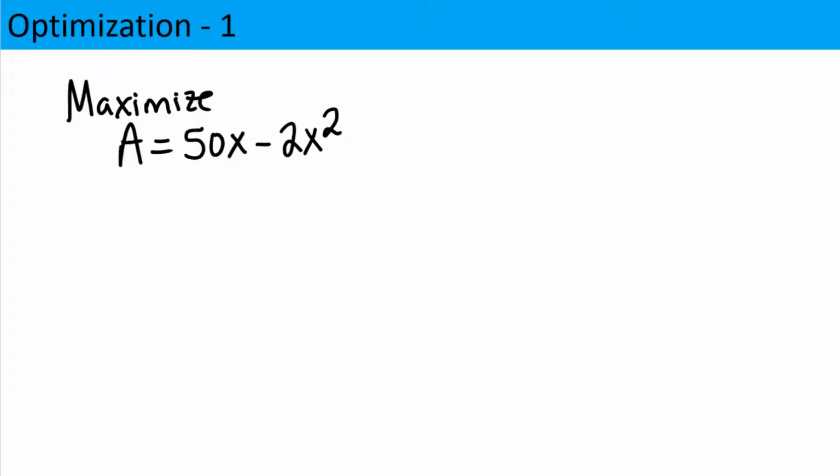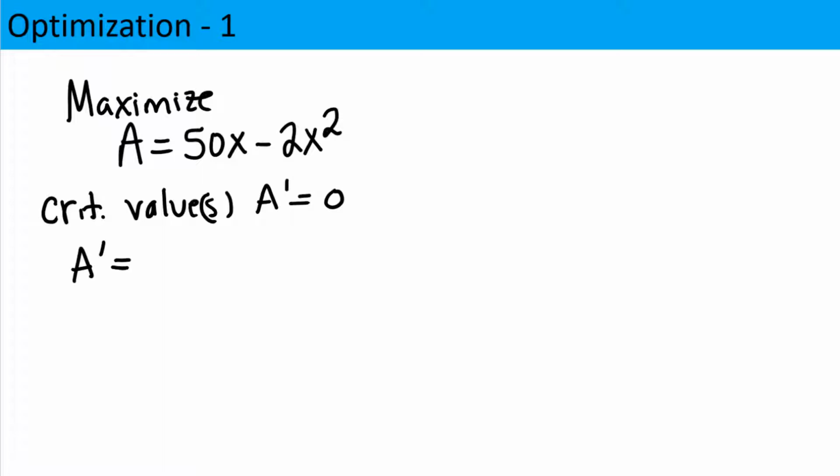We need to maximize area, which is 50x minus 2x squared. So let's take the derivative. We'll use the second derivative test, and in order to do that, we must begin by finding critical values, if any. Critical values is where the derivative equals 0 or the derivative is not defined.